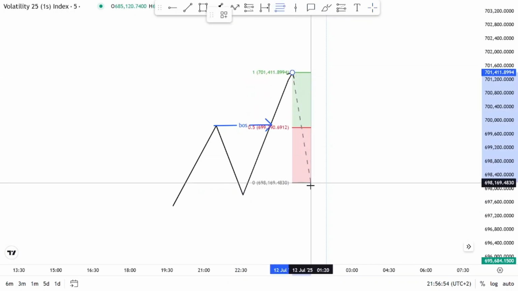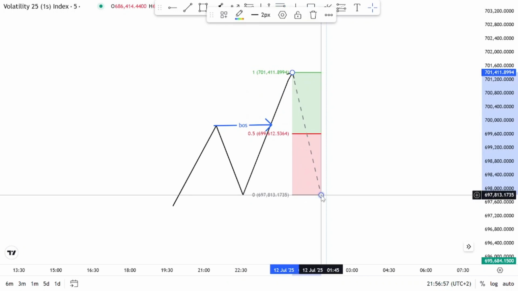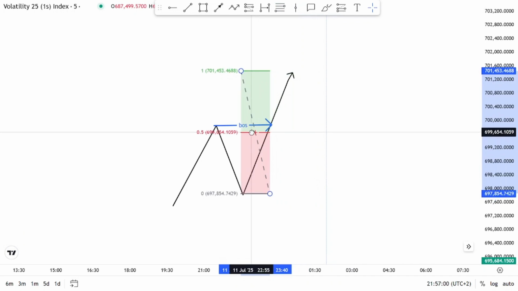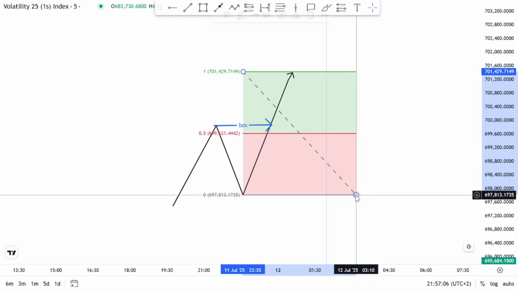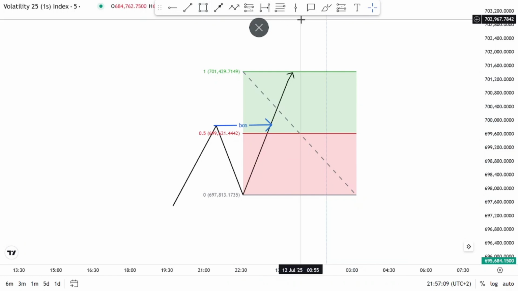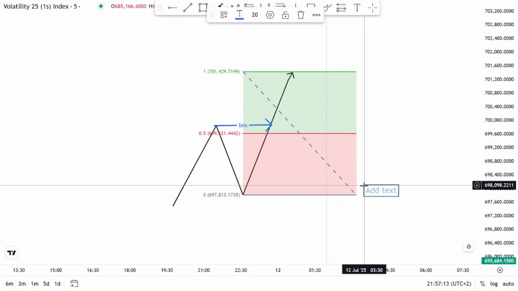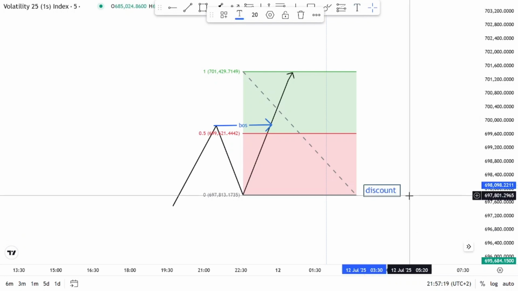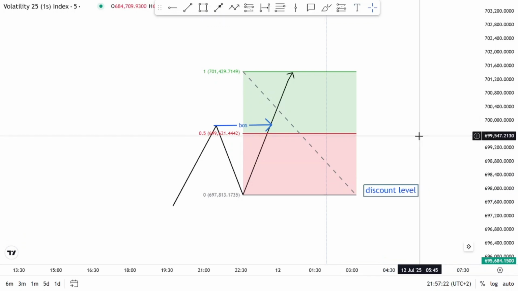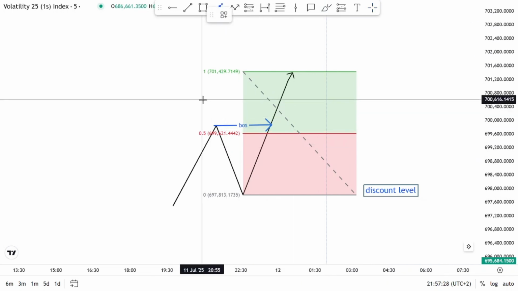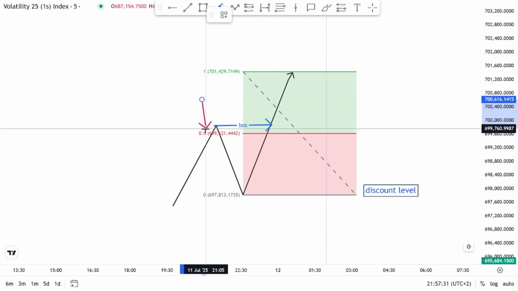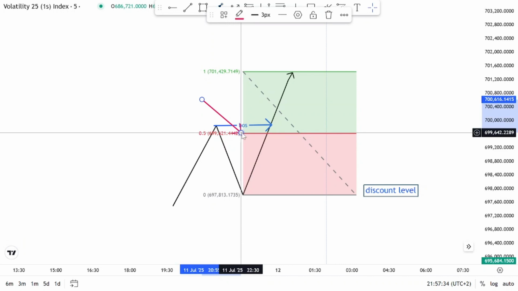This is our highest, and then we go to our lowest. So here on the Fibonacci retracement, here is our 50%, the red line that separates the 100%.